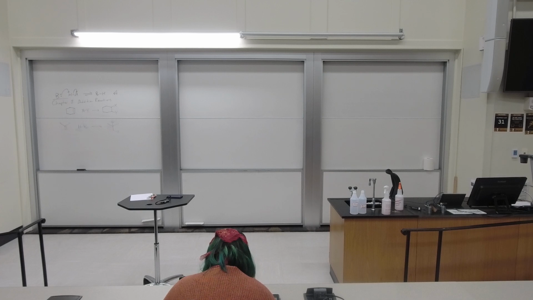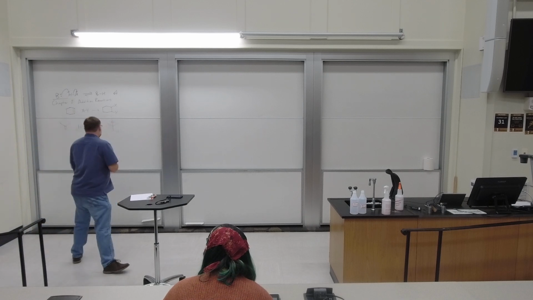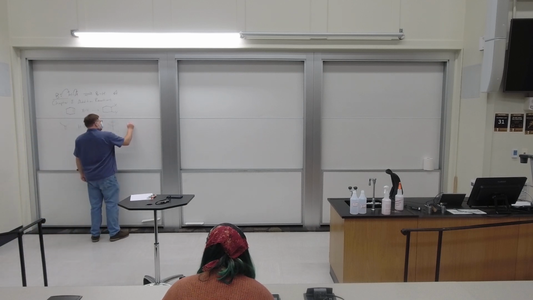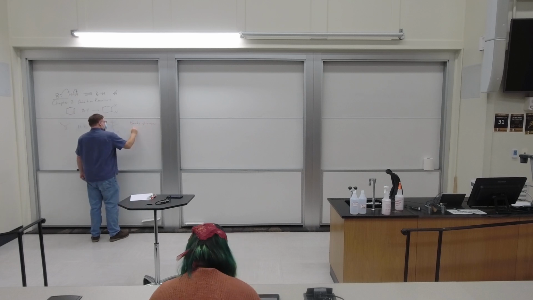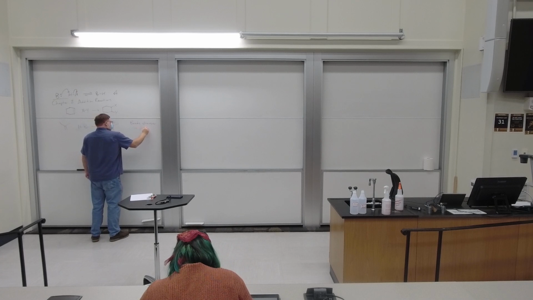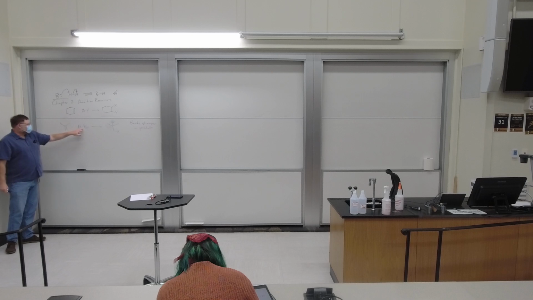Because you're going to make stronger bonds. On the other hand, entropically, so I guess I should write some stuff down. All right, so the bonds are stronger in the products. We've exchanged one pi bond. You break a pi bond, you break an HBr sigma bond.